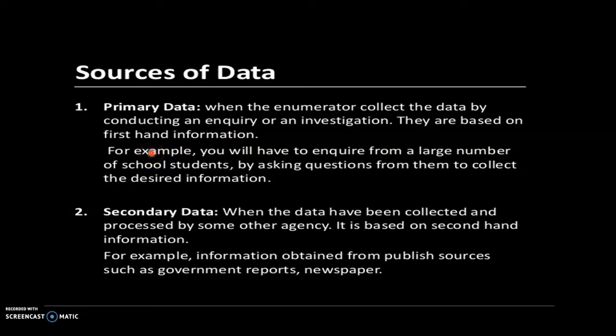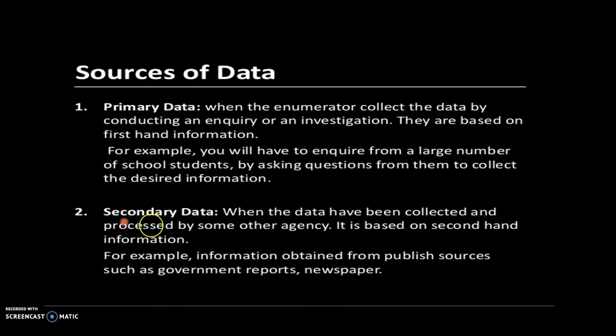Suppose you want to know about the popularity of a film star among school students. For this, you will have to inquire a large number of school students by asking questions from them to collect the desired information. The data you get is an example of primary data.